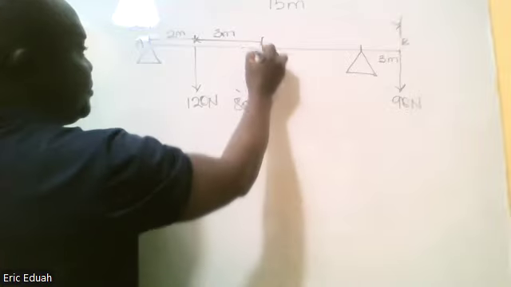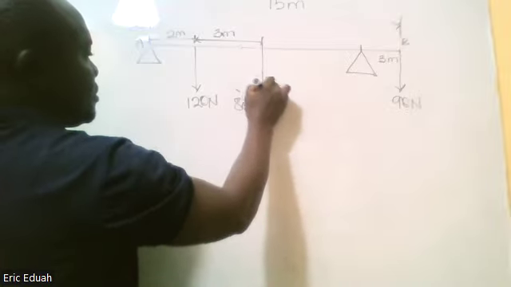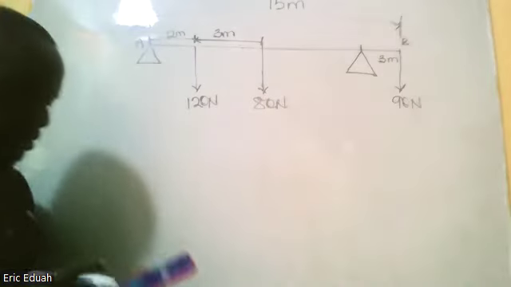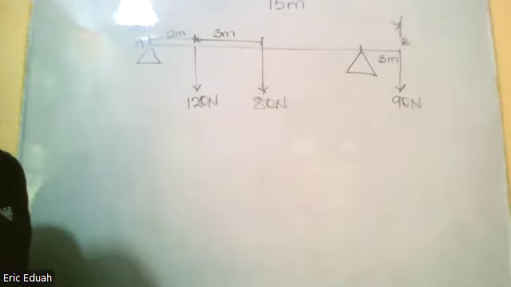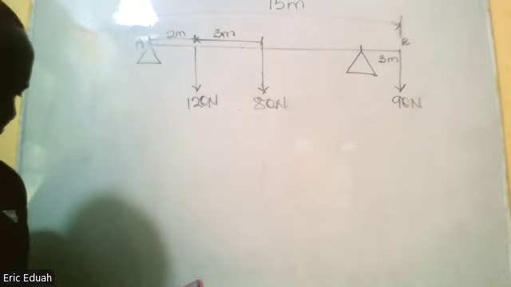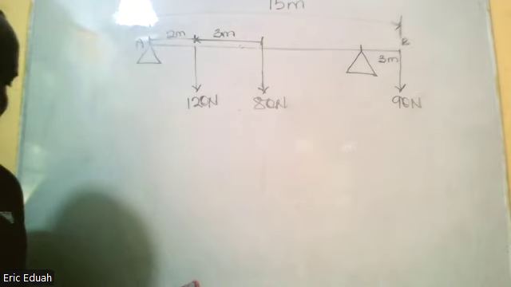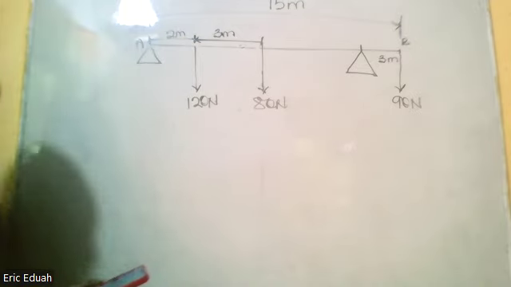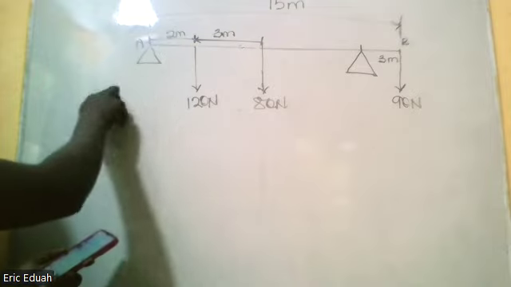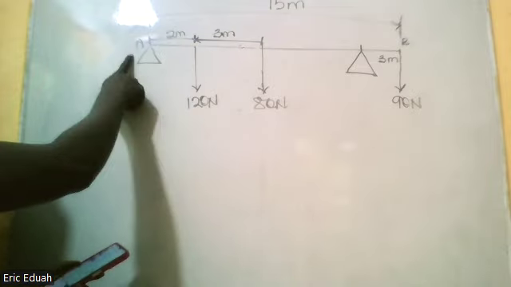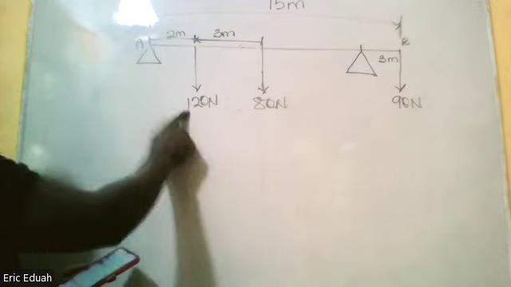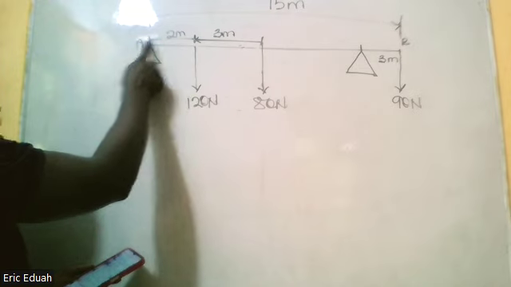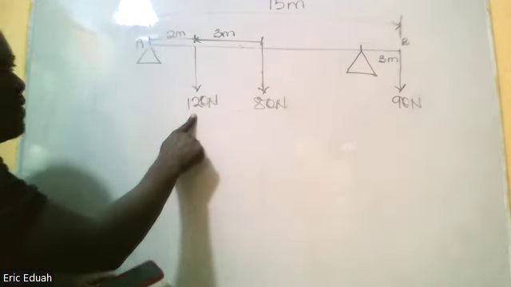Then we have 90 Newton at the right hand end. Okay, what I'm saying is that we are told this is 120 Newton, 2 meter from the left end. So from the left hand end, 2 meter, we have this load.